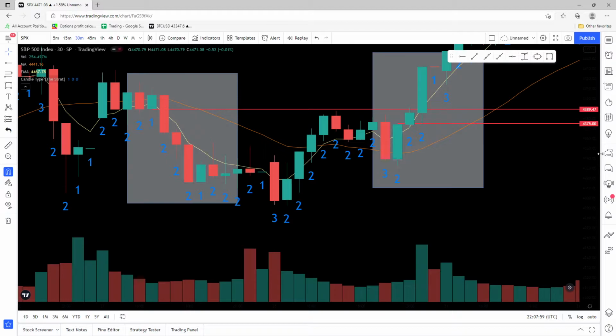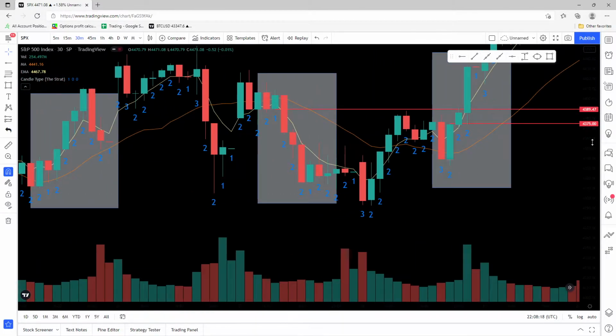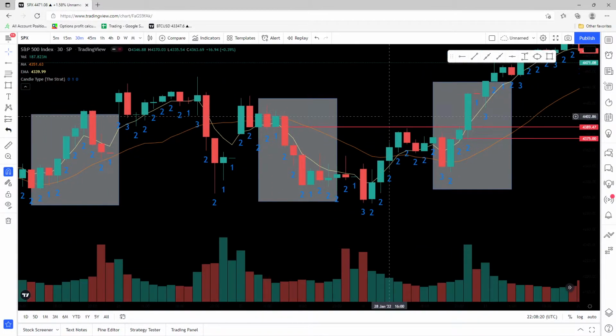But over the years, he developed a set of combos from common things that happen so often. He studied it so well and created combos using these numbers, and that's how we have our entries, exits, and all that stuff.